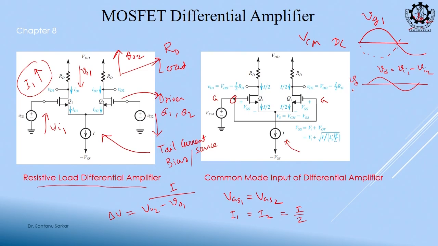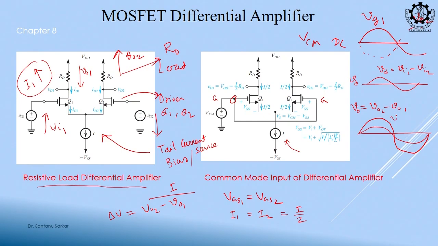Vd is the difference of Vi1 and Vi2. So, if I define my Vo as Vo2 minus Vo1, they will be in the same phase and amplified. And if I plot Vo2, it will be in the same phase.